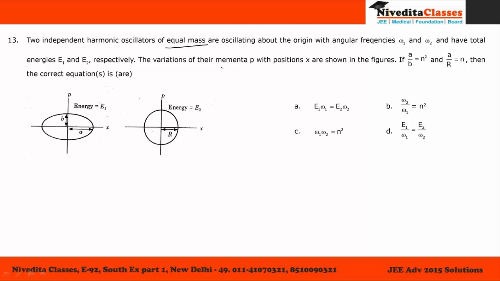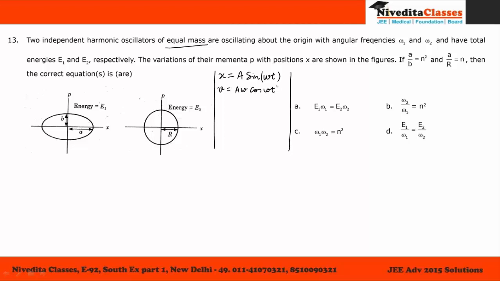So let us first recall the standard equations for SHM. As we know, the displacement for SHM is given as A sin omega t, taking the initial phase as 0. Then V is equal to A omega cos omega t.